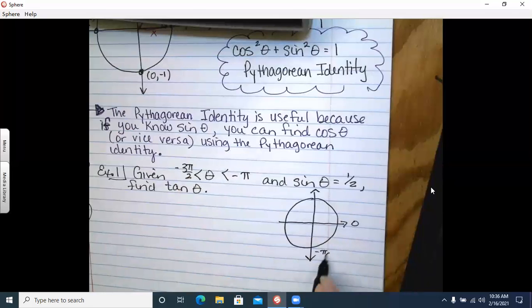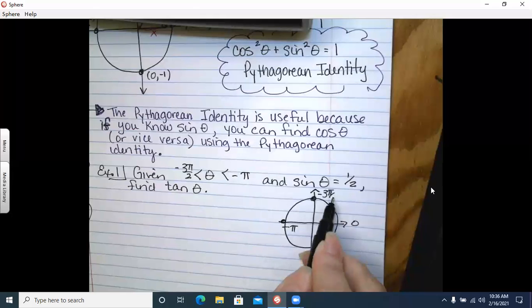Clockwise 180 degrees would be negative pi. Clockwise 270 degrees would be negative 3 pi over 2. And clockwise 360 degrees would be negative 2 pi. So what quadrant is theta in? Quadrant 2, because that's between negative pi and negative 3/2 pi, right?